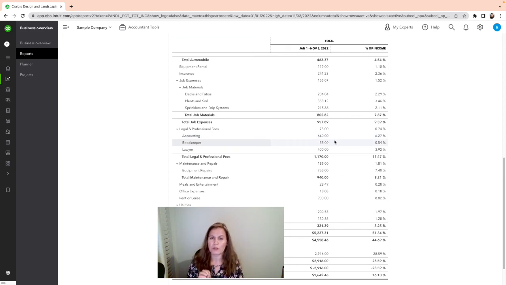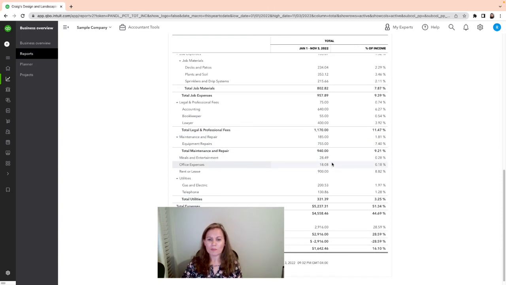You're not supposed to expense equipment that is above a certain percentage. Each state has a percentage that you can expense per year, right? So consult your CPA in regards to that. Please do so, and you don't want to put anything here that belongs in the balance sheet as an asset, right? Okay. Enough of that.